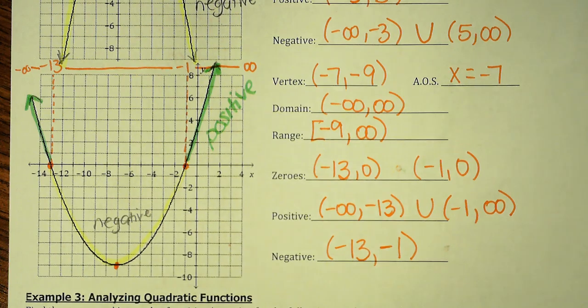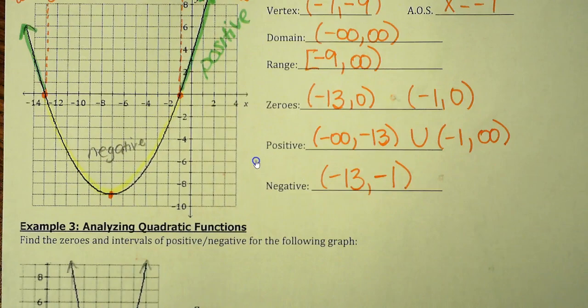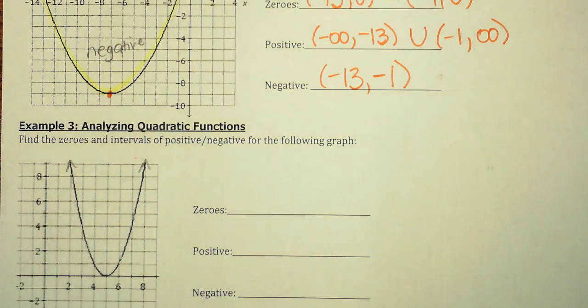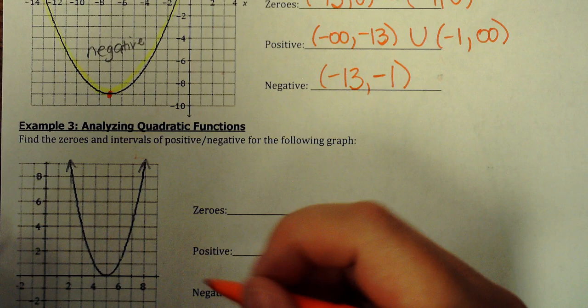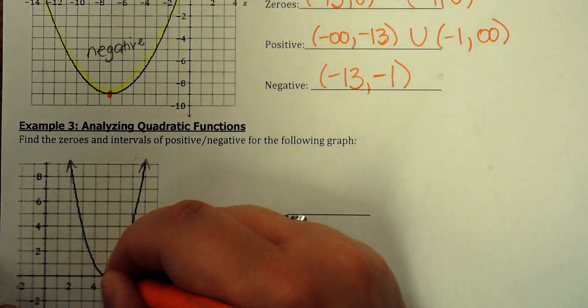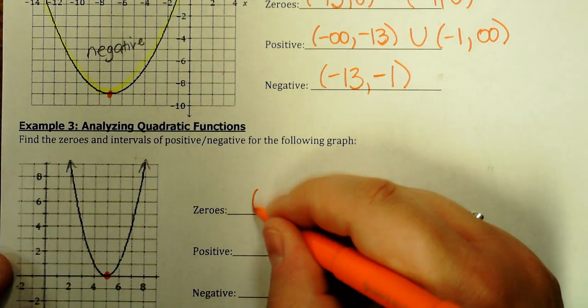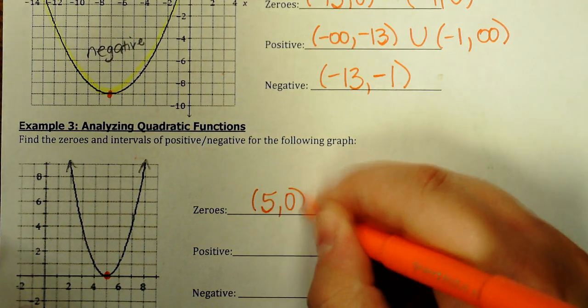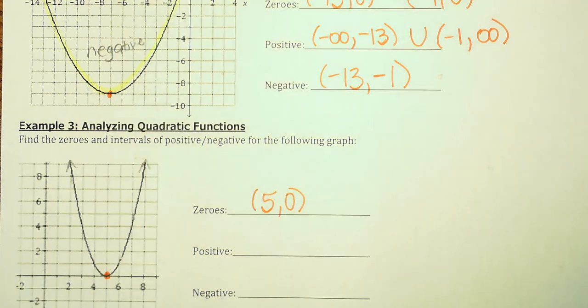And then I just have a quick kind of special case. So if you guys will notice, I have a graph here, and you only actually have one 0, and that's the vertex of the graph, which is 5, 0. So I just wanted to show you this little special case.